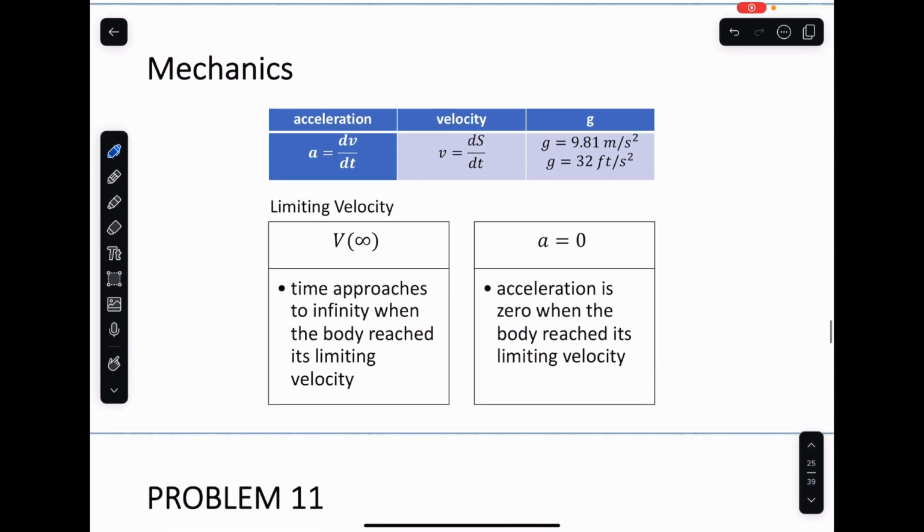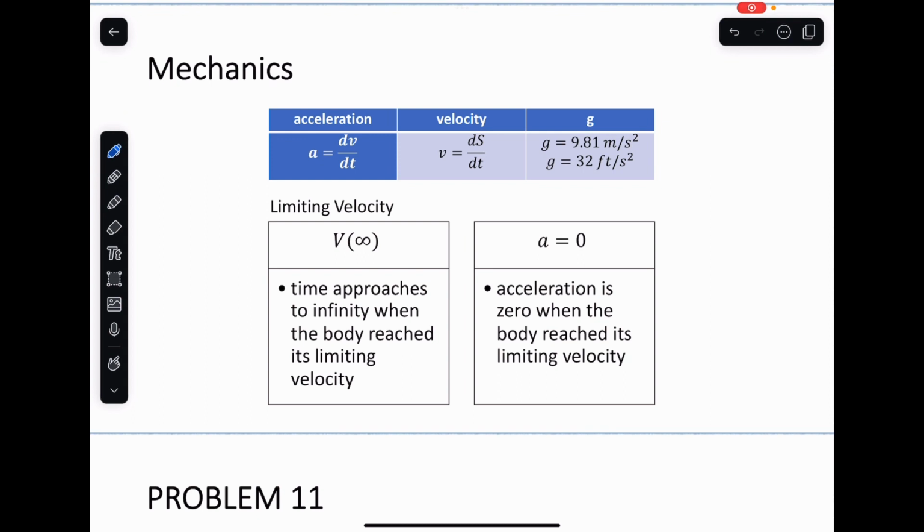We have to take note that the acceleration is the first derivative of the velocity with respect to time. Similarly, velocity is the first derivative of the displacement with respect to time. Therefore, the acceleration is the second derivative of the displacement with respect to time.